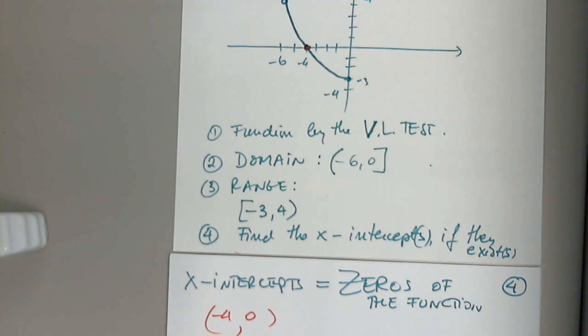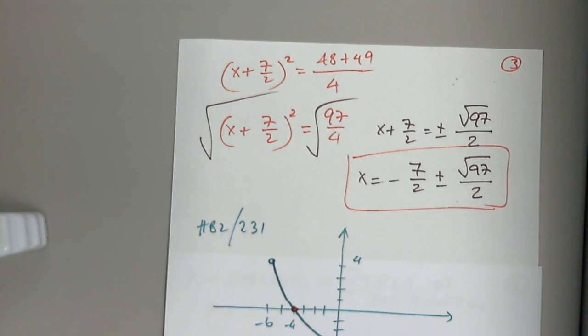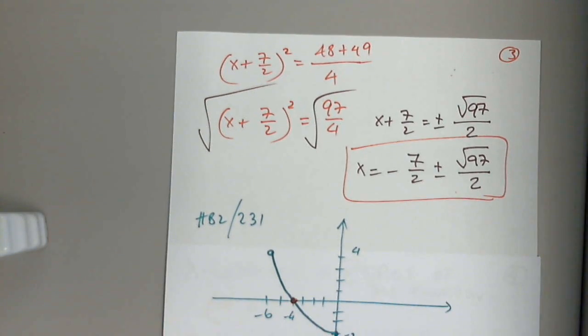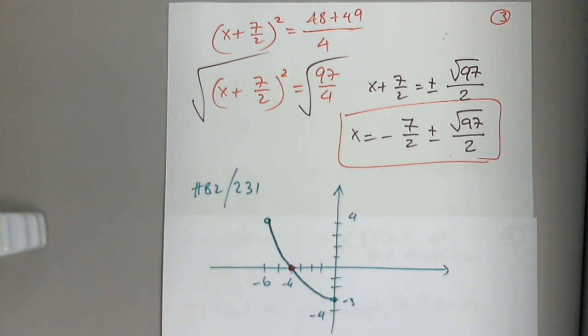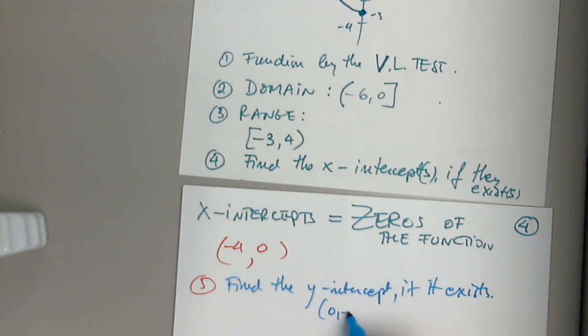So that's why there is no discussion here. But there is only one, if there is. Okay, I'm looking back at the graph and I identify whether there is, if it touches or if it crosses. It's the same thing. 0, -3. Here's the point. Perfect. 0, -3.